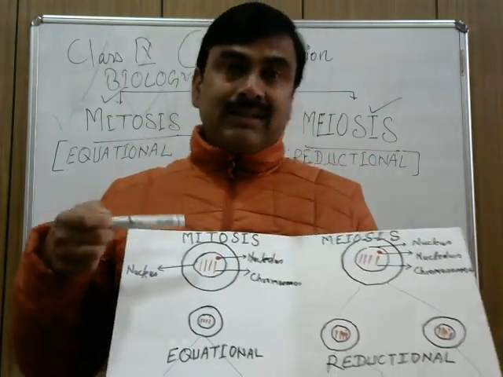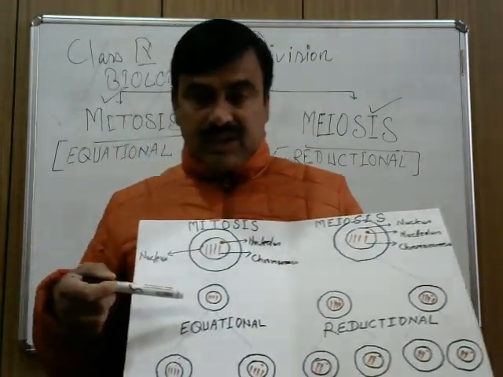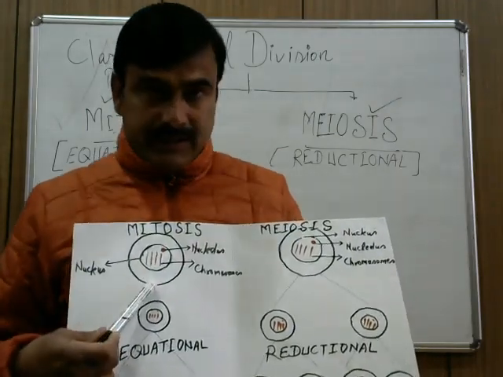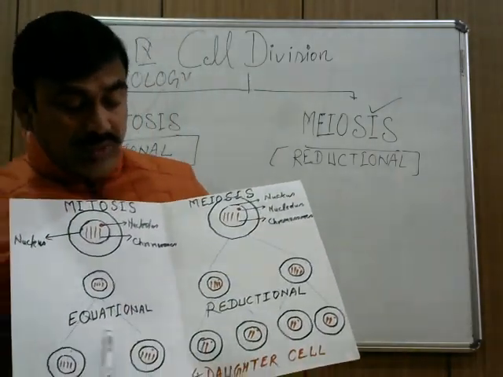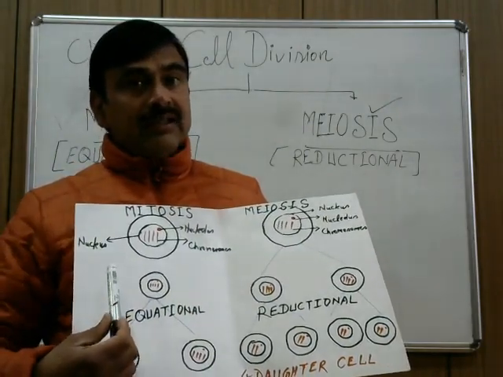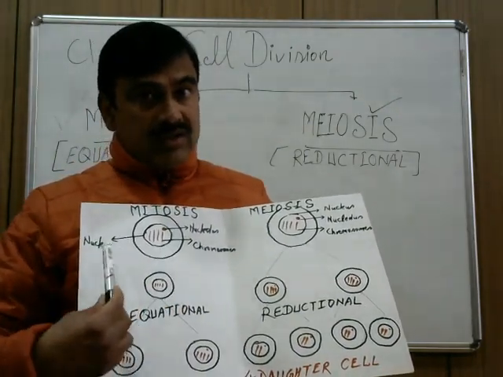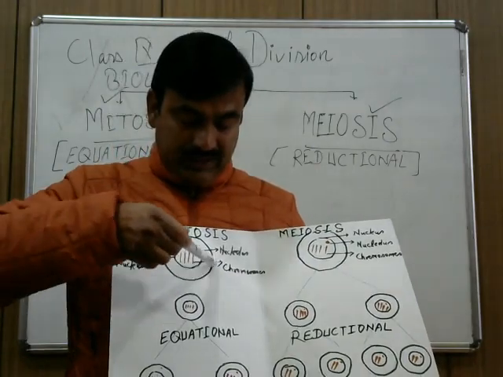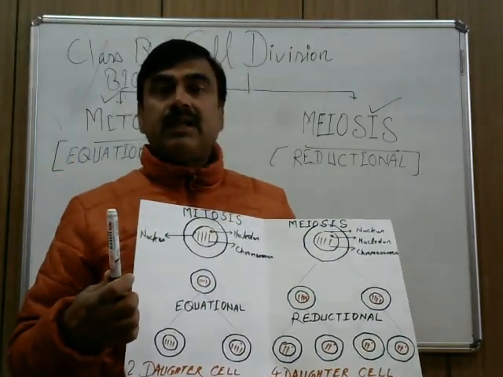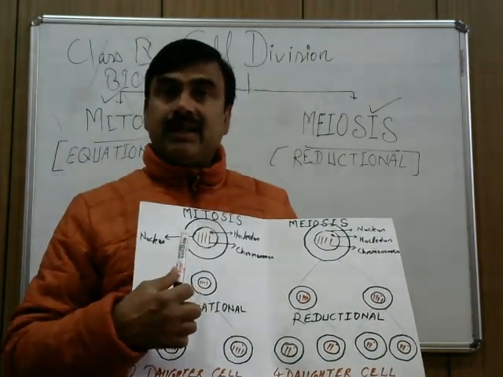For 9th class, it is sufficient to know the 2 differences between mitosis and meiosis and their significance, and also you have to see the structure. It will also help you in the study of plant cells and animal cells.